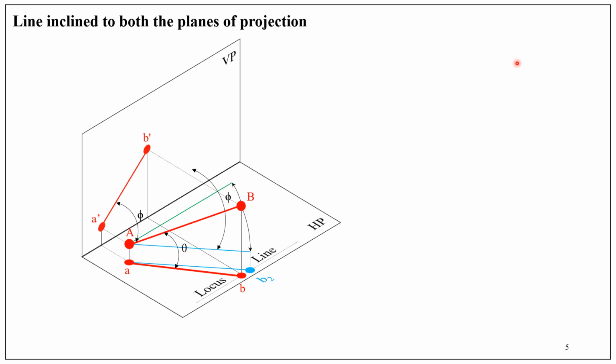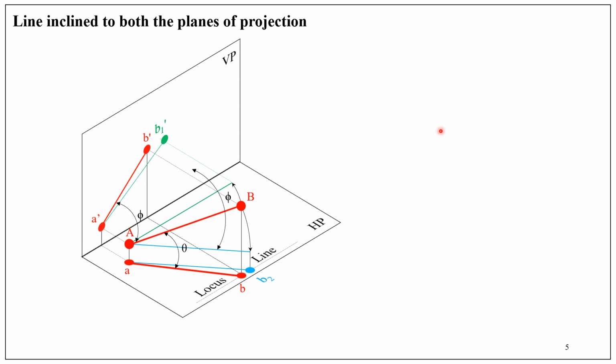We can draw the corresponding front view of point B. So that is B1 dash. So B1 dash is the front view of point capital B when the line is assumed to be parallel to VP and inclined at an angle theta to the horizontal plane. Now we can join A dash and B1 dash.